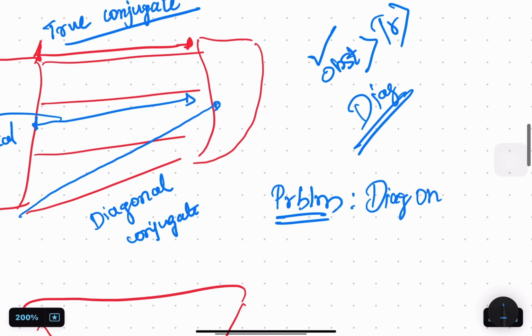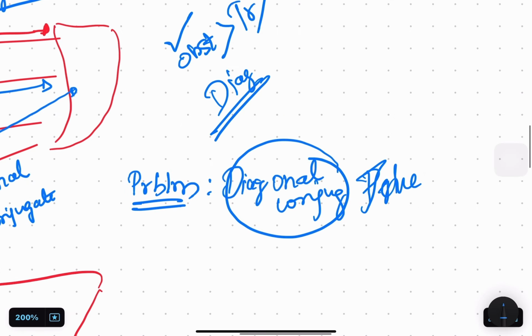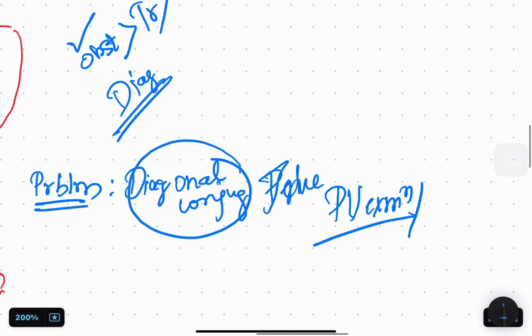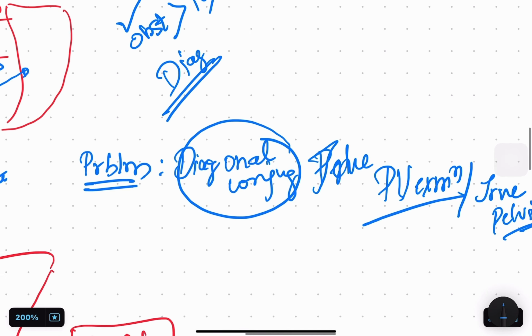Okay. How do you measure the diagonal conjugate? Before, they used to do true pelvimetry, but now you can just do a per vaginal examination. You put your fingers up, do a per vaginal, and check how many centimeters your finger is stretching and whether you are able to touch the sacrum.